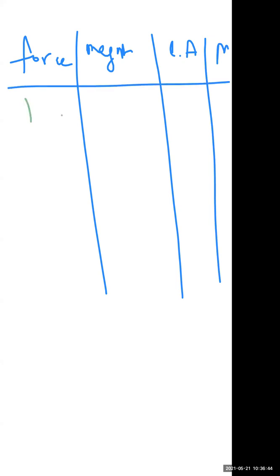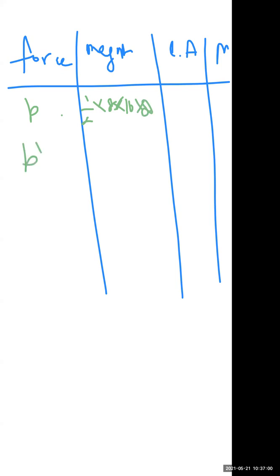P is the force acting in the upstream direction, that is the water pressure force, equal to 1/2 into total height 86 into 10 into 86.